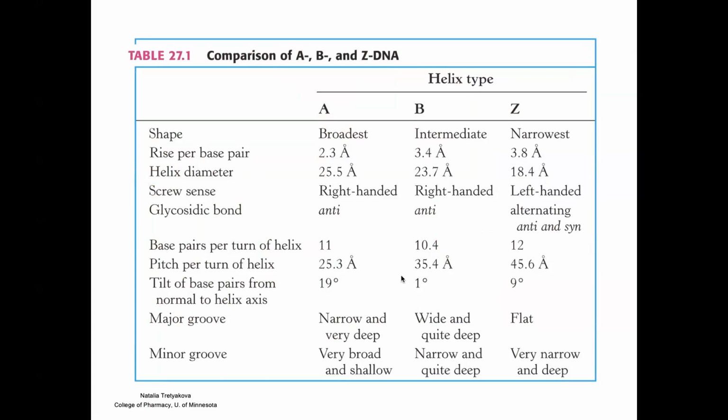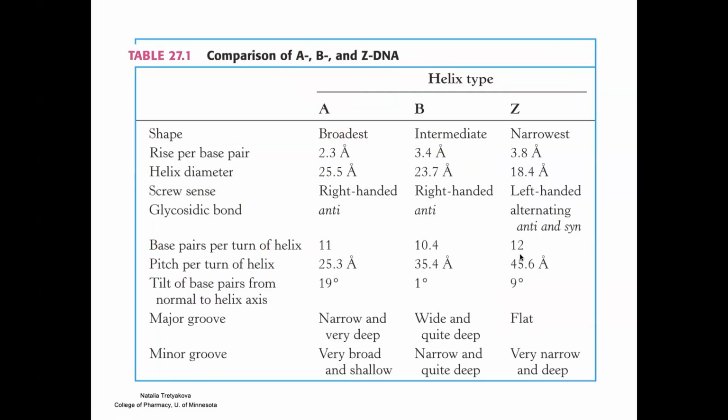That's reflected here. You can see there's roughly 11 base pairs per 360-degree turn of A DNA because of that altered twisting pattern, and there's about 12 base pairs per 360-degree turn in Z DNA.